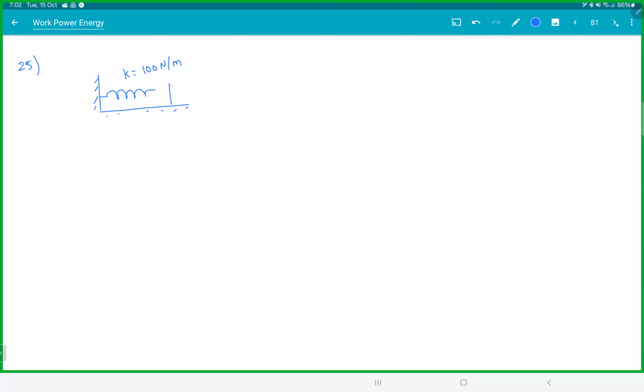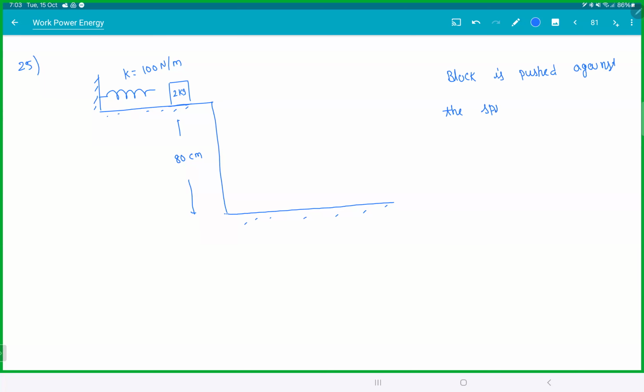And we got a block here of 2 kg. And this is 80 centimeters. So the block is pushed against the spring by 10 centimeters and released.